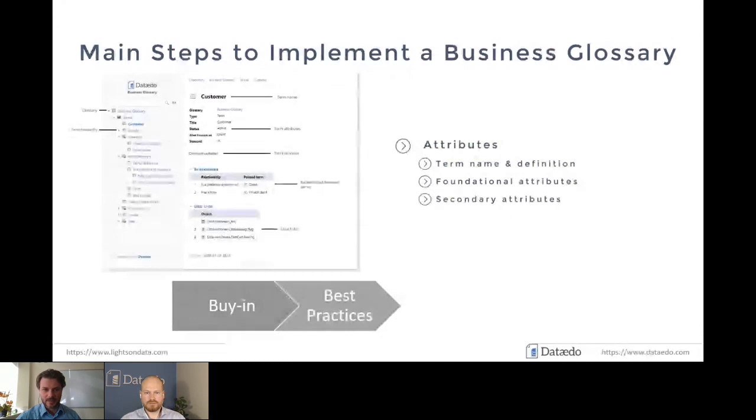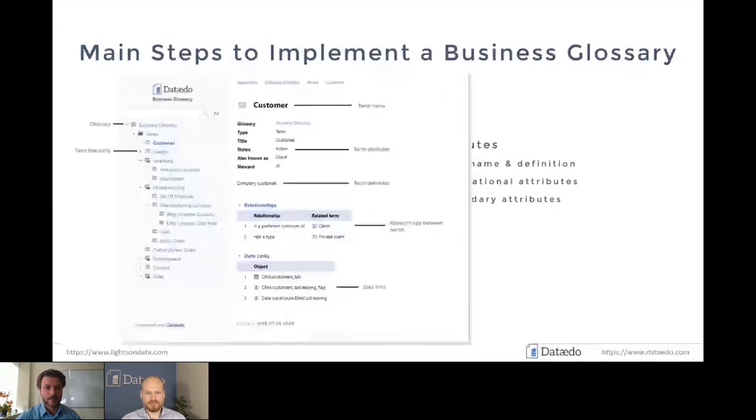So I want to give you an example from Dataedo's business glossary tool here. Let me just make it bigger. There you go. So as you can see, we do have the term name, of course, and its definition, but it's not the only thing that's available here. You also have some sort of classification. You see what the status might be, who the data steward would be, maybe even the data owner. And in this instance, you can even tie it in with some technical metadata.